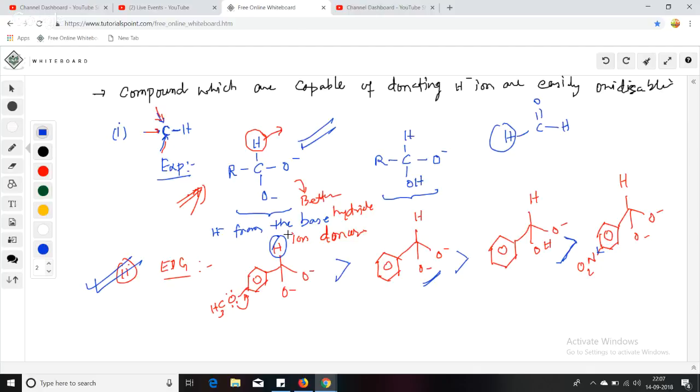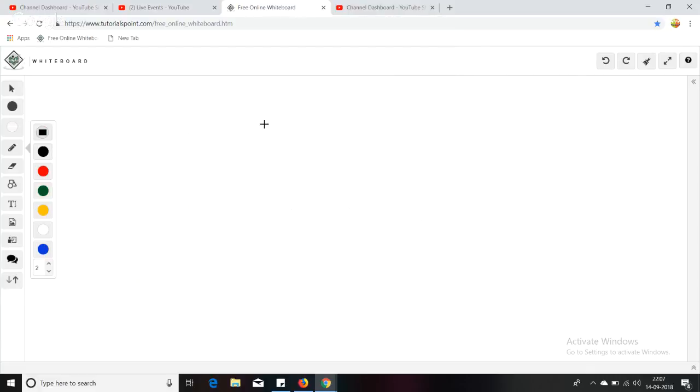So next we see carboxylic acid. A little bit of that chapter also we'll discuss. We don't have that much time today. So now, carboxylic acids are generally... various reactions of carboxylic acid.